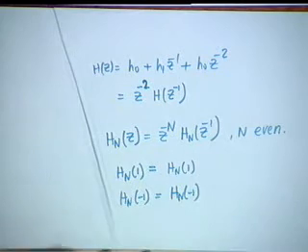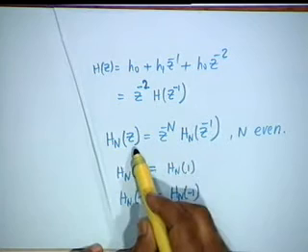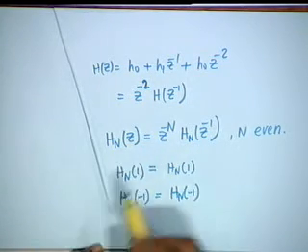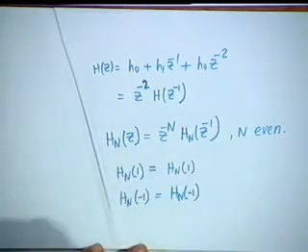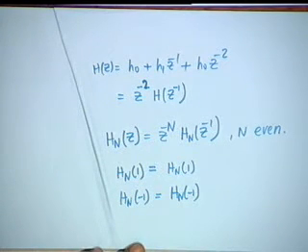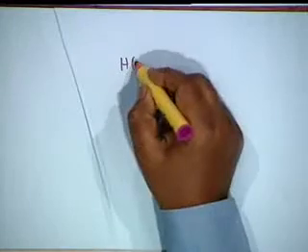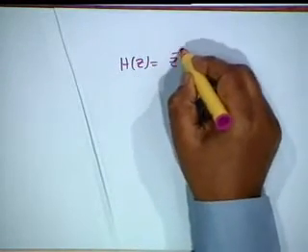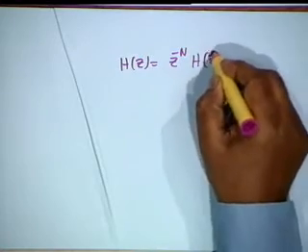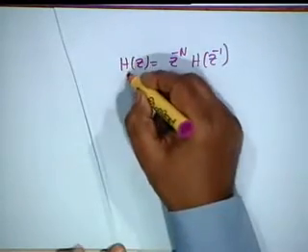All right. The other important property is that if z equal to z0 is a 0 of Hn, then 1 by z0 must also be a 0. Isn't that right? Our relation is Hn of z equals z to the minus N Hn of z inverse.